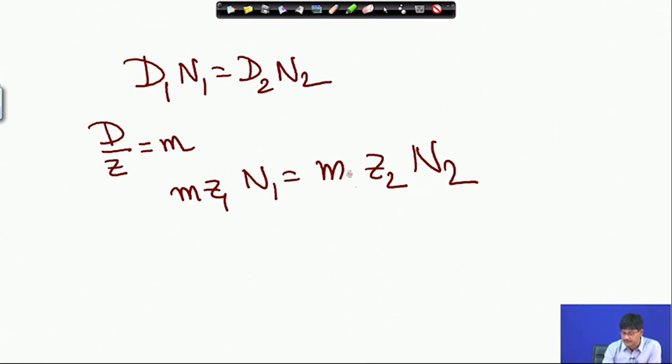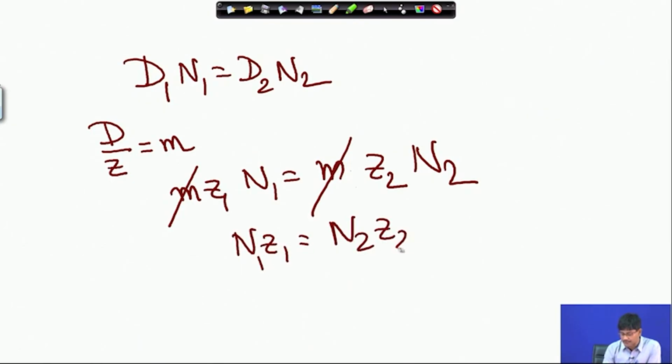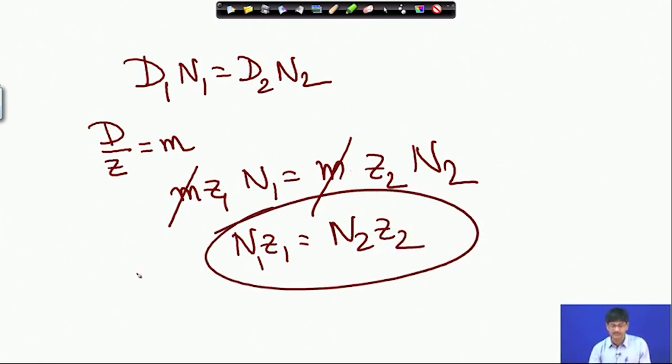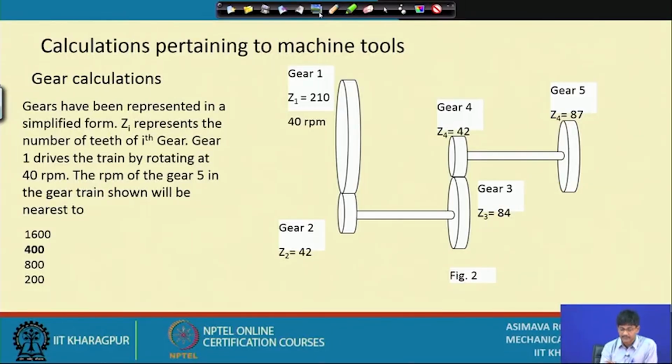Module is the same for meshing gears. Hence, I cancel out module and I have n1 z1 equal to n2 z2, and therefore, if we go back to the problem, this is what we are going to use now. If we go back to the original discussion, we find z1 is given, n1 is given.